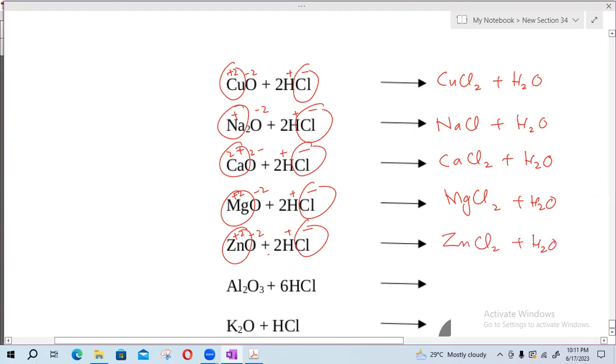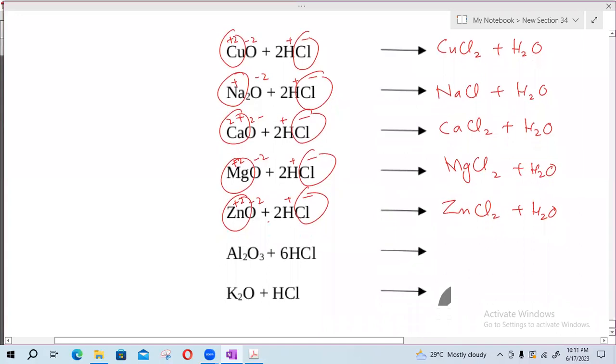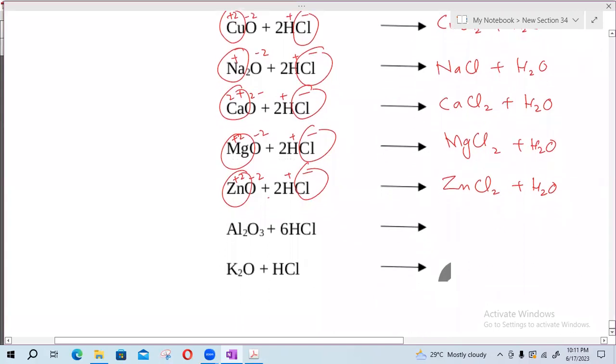Similarly, aluminium is plus 3, oxide is minus 2, H positive, Cl negative. Its plus component will combine with its negative one. It will form AlCl3, and H positive with oxide will form water. Potassium plus 1, hydroxide minus 1, H positive, Cl negative.